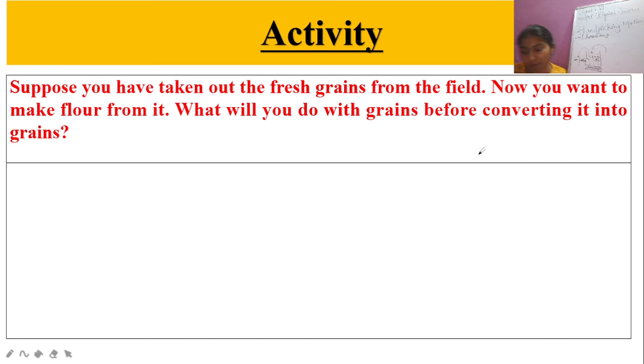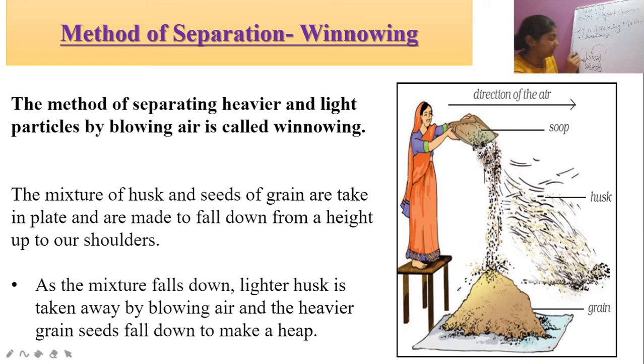So what is that method? The method is called winnowing. It is winnowing. This is a method of separating the heavier and the lighter particles by blowing air.